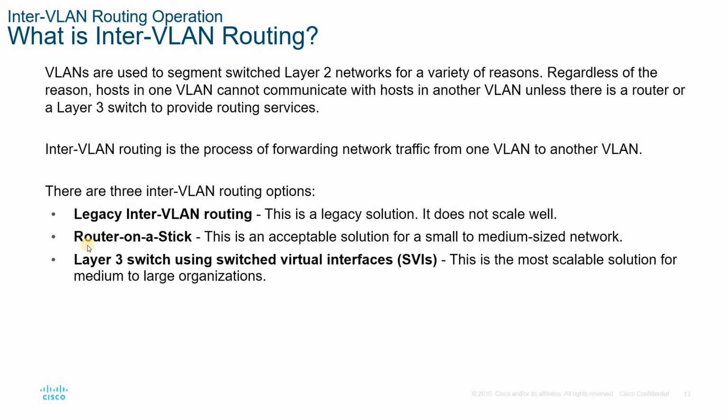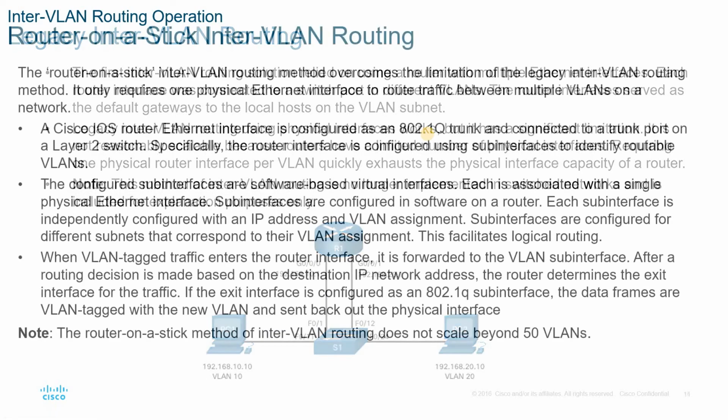Okay, we have the most common router on a stick setup, which is an acceptable solution for small to medium-sized network. And also we have the layer 3 switching, using layer 3 switch, preferably for medium to large size organizations. Okay, so let's just proceed with the configuration of inter-VLAN.